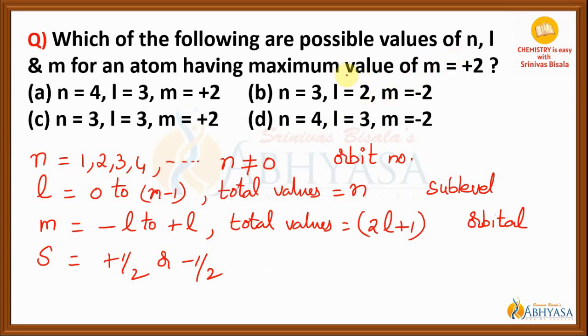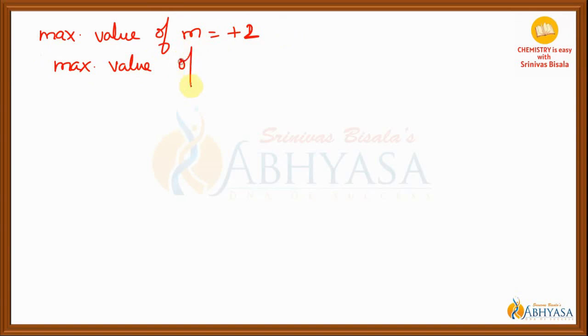We already have the maximum value of m as equal to plus 2, and from this information we need to find out the l value as well as the n value. Let me explain. It is given that the maximum value of m is plus 2. It means that the maximum value of l is 2.